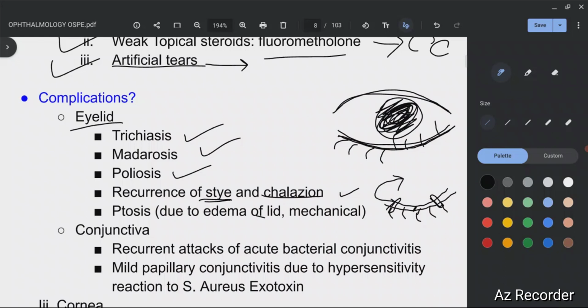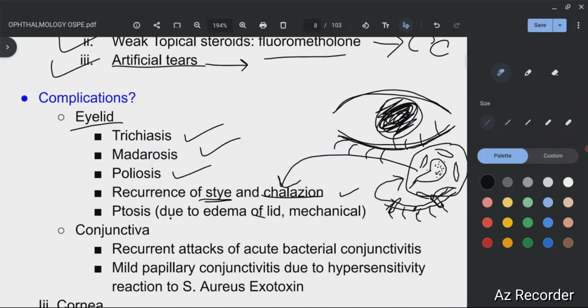So when the ducts are blocked, the secretions build up within the meibomian gland parenchyma, and your immune system generates granulomatous inflammation against those accumulated lipid secretions within the meibomian gland. And this condition is your chalazion. To have a very detailed description of this disease, you may watch the first video of this series. So you are blocking the ducts of your meibomian gland, and you will have chalazion because of this condition.